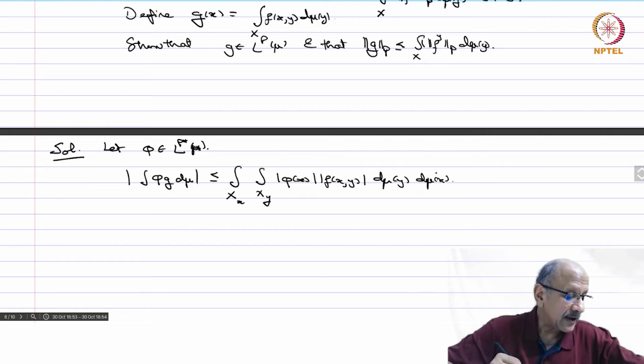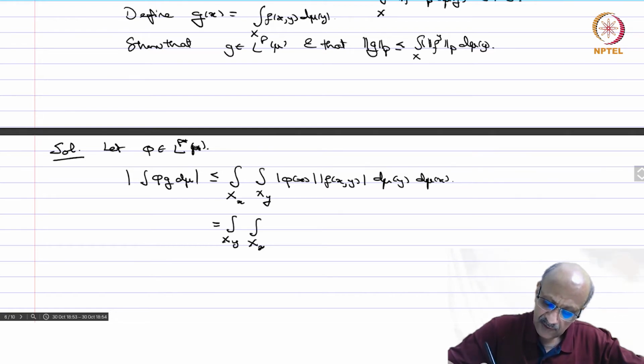Everything is non-negative, so you can interchange the order of integration. So this is the integral over y of the integral over x of |phi(x)| |f_y(x)| d mu(x) d mu(y).